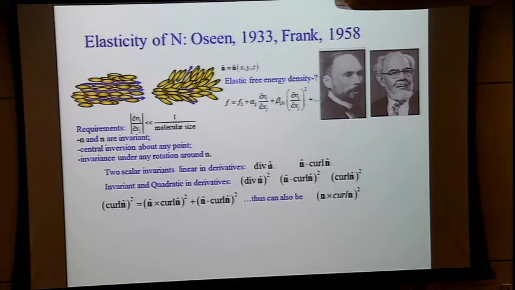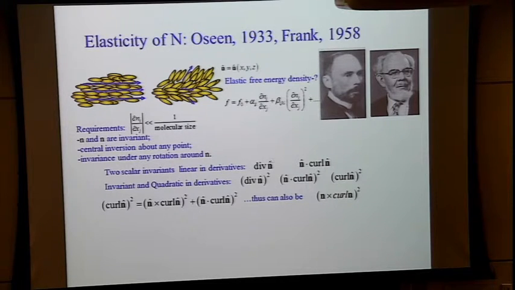What we would do is a very simple thing. These derivatives can be represented in a coordinate-independent way, and that means I need to deal with things like divergence and curl of the vector field n. If I look at the divergence, it's a good thing. It's a scalar to begin with, and that's nice because the energy is a scalar.